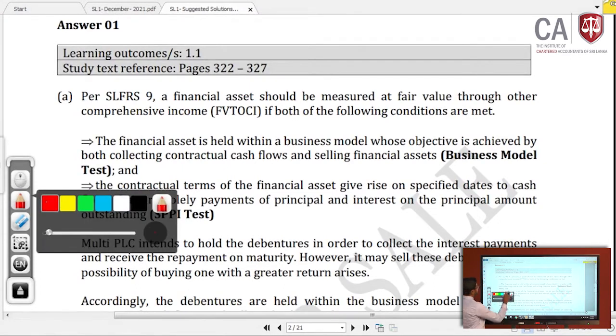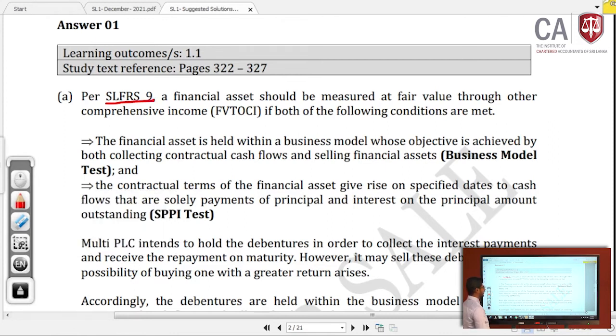Now here the student is saying that as per SLFRS 9, financial assets should be measured at fair value through other comprehensive income. How have you selected this? You have referred to the SPPI test as well as the business model test.